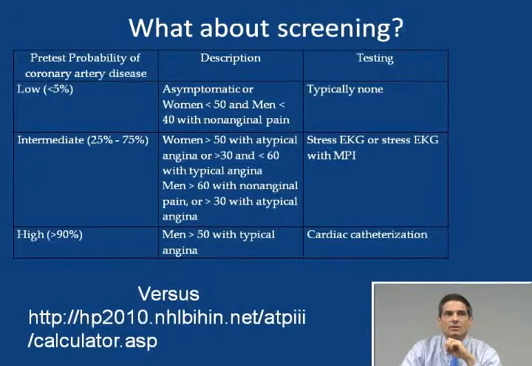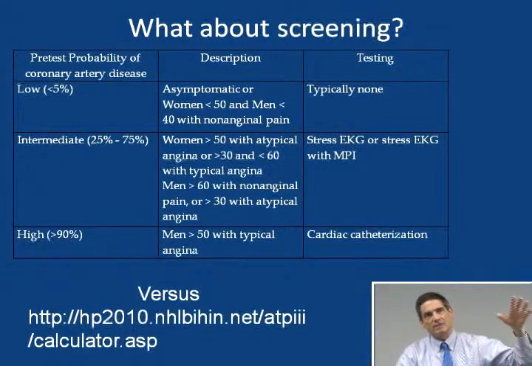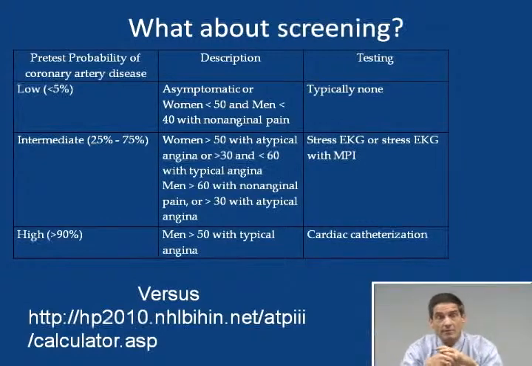Okay, so what about screening? What about the risk of future events? We've talked about whether the patient is having an infarct right now. We've talked about whether chest pain is coming from a coronary artery stenosis. And now we're going to talk about the risk of future events. There are two separate risks, and this can get confusing in a hurry, when cardiologists and others talk about coronary artery disease.